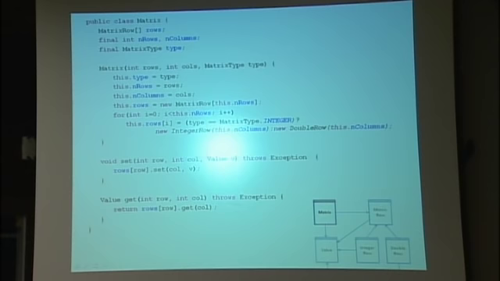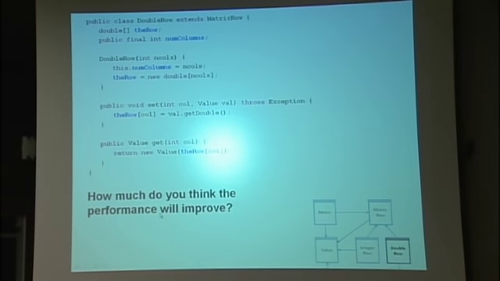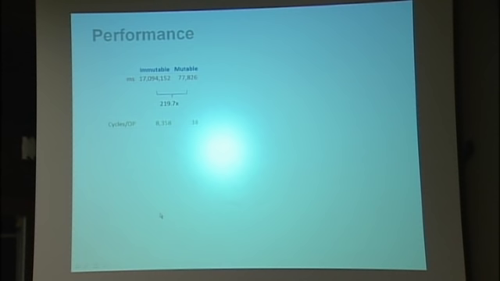This is why we are instantiating with integers or doubles, and so we do that. And how much do you think this can improve performance so far? In fact, this was pretty nice. I actually got a 219x performance improvement because I went from an n to the power 4 algorithm to an n to the power 3 algorithm. So here is an interesting algorithm change we did, and we have a pretty nice performance improvement.